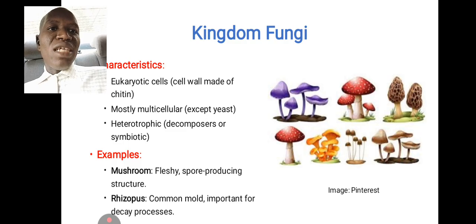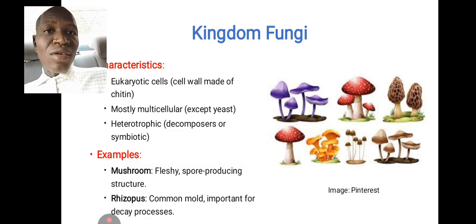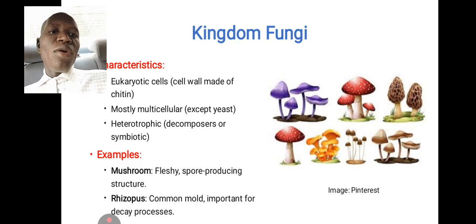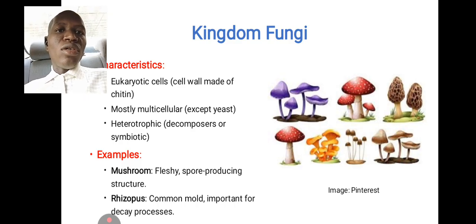So the difference between the plant and fungi cell wall is that the fungi cell wall is made up of chitin, while the plant cell wall is made up of cellulose. Thank you. All right, so let's go on.